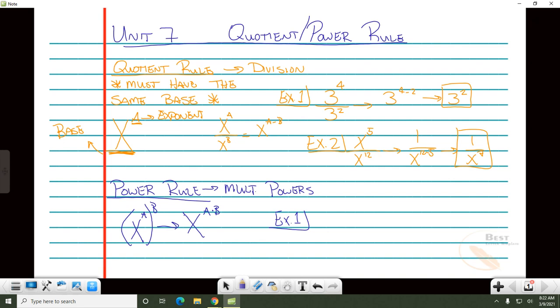Let's say I have 12 to the 4th raised to the 7th power. All we're going to do is have 12 to the 4 times 7. And what's 4 times 7? 28.